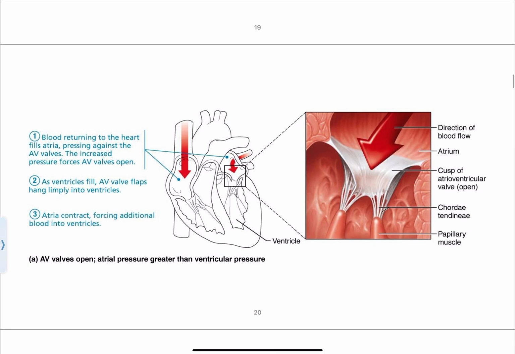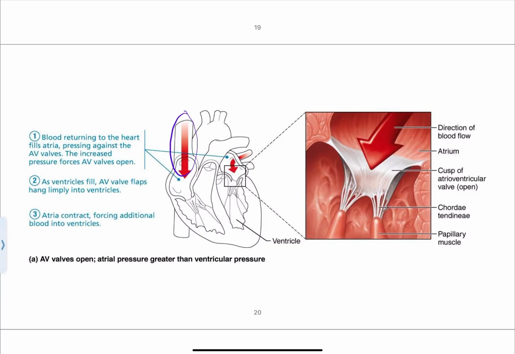So here's an image that hopefully will make everything I just said in words a little easier to understand. Right here, they're showing blood returning to the heart into our right atrium from 3 different sources: the superior and inferior vena cava and the coronary sinus. The atria begin to fill.